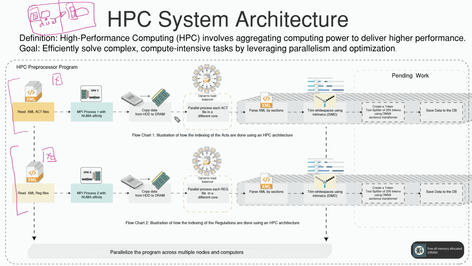So in here, what I'm trying to do is, this Xeon processor that we have has, I think, a total of 16 cores. And this also has 16 cores. So we have a total of 32 cores in this whole motherboard over here. And we can say that now that we have divided the data itself into the action and the regulation, they're very similar, so it doesn't matter. They're not like one is bigger than the other.